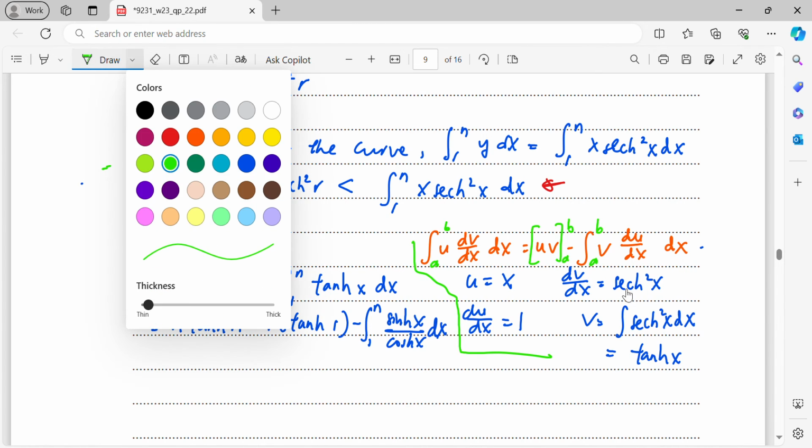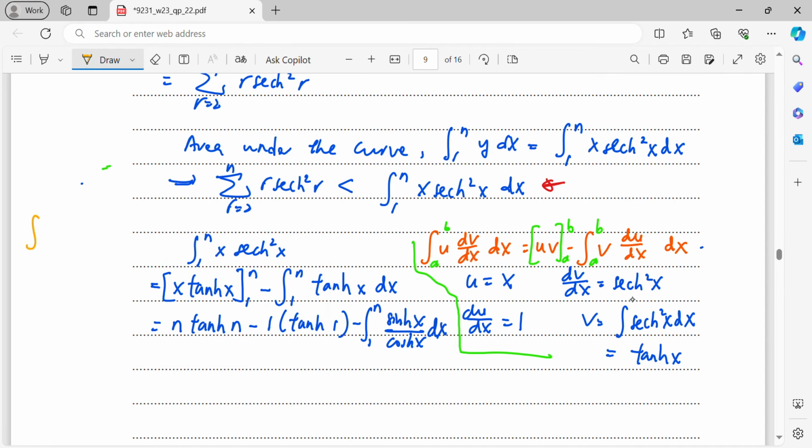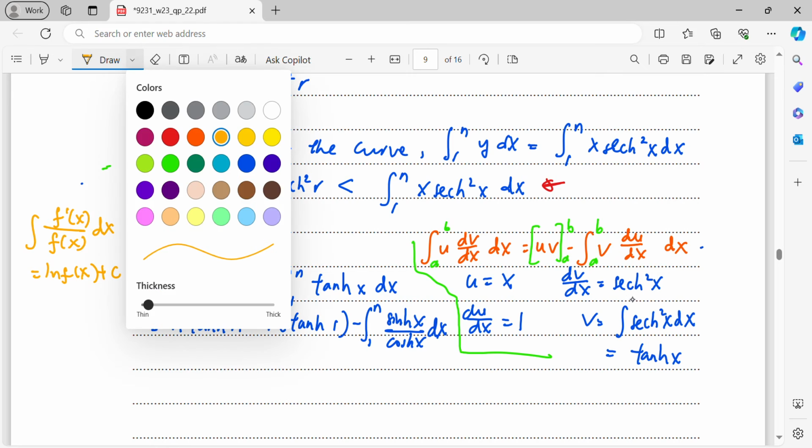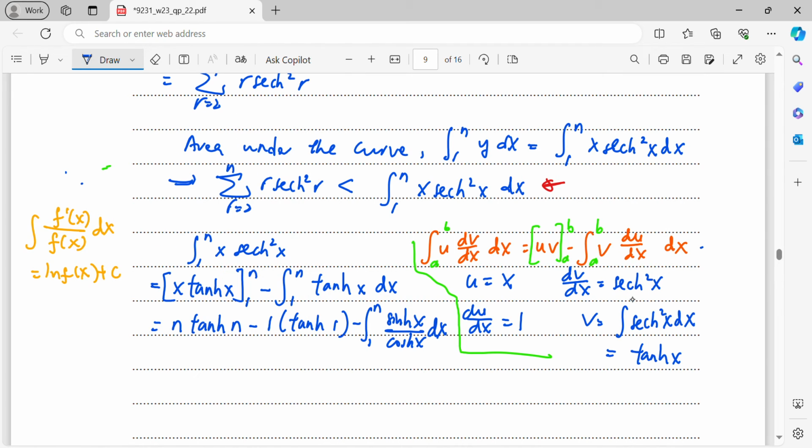Then now, for the integration, we have this formula. The integral of f prime x over f x dx is basically ln f x plus c. So now we know that when we integrate cosh, that is sinh. So from here, I will get n hyperbolic tangent n minus hyperbolic tangent 1.